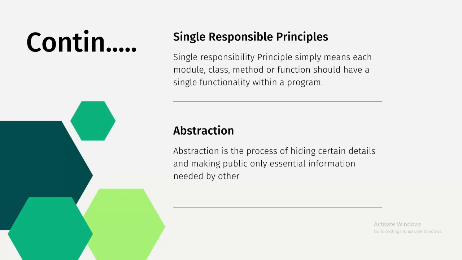The second principle here is abstraction, which is the process of hiding certain details and making public only the essential information needed by the user. Here, you as a programmer are expected to not bother the user with a lot of information. You only show them what they need to see, or you only let them know what they need to know, and you don't show them everything.